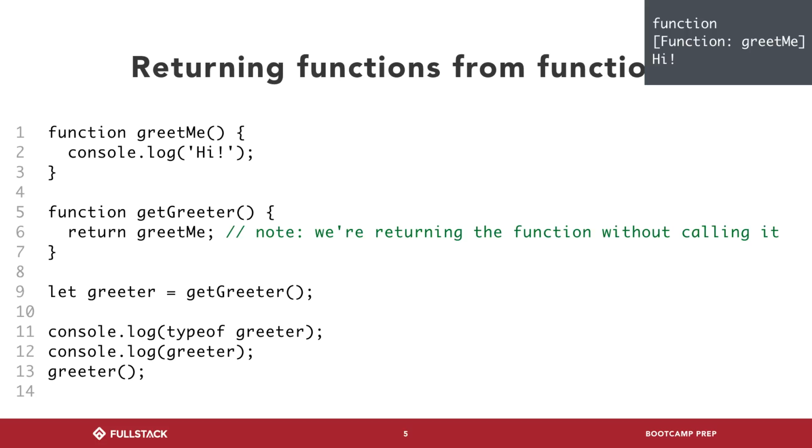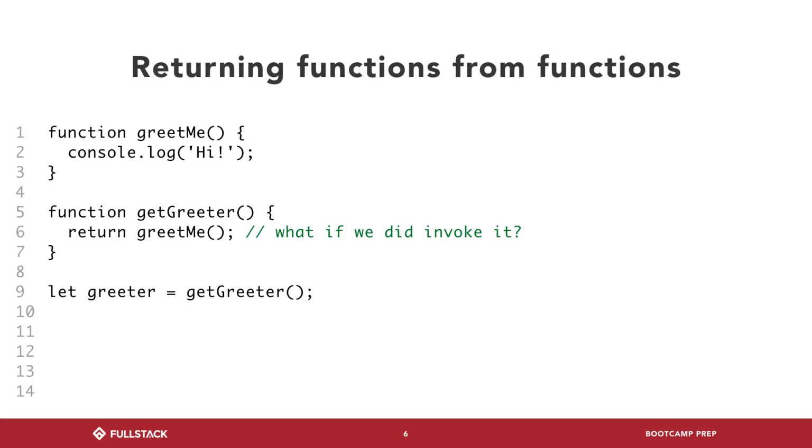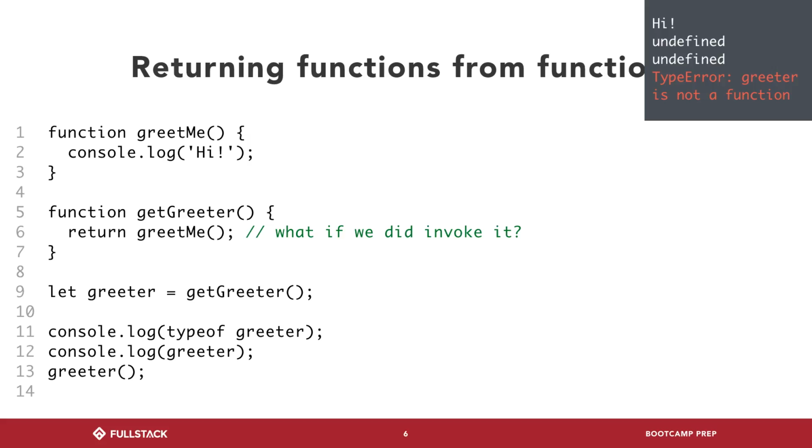Okay, so now we're going to go to the opposite, the other example of that, which is, now on line 6, instead of returning greetMe the function, we're actually going to return whatever greetMe returns when it invokes. Okay, so here when I look at line 9 now, I still invoke getGreeter on the right hand side of the equation, and what getGreeter does is when we invoke it, it returns greetMe invoked, right?